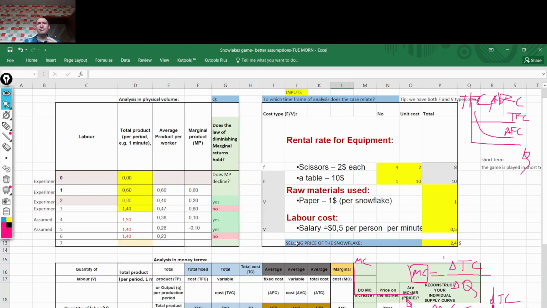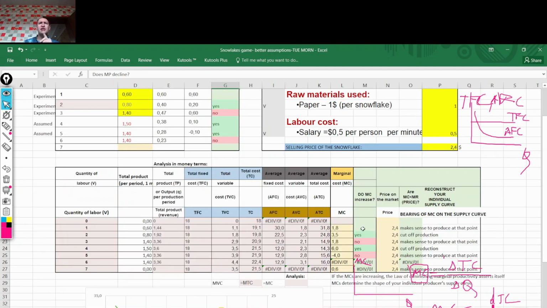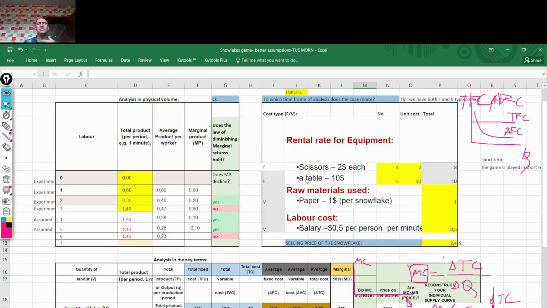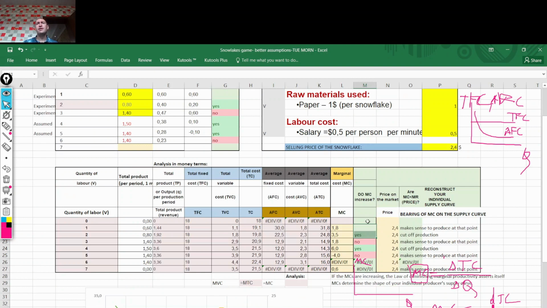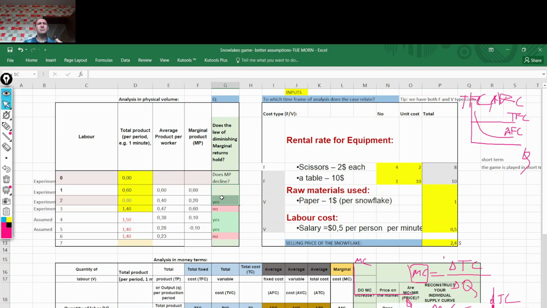And another restatement of the law of diminishing marginal returns. That's an important thing now. The law holds when the total product's marginal product declines, but also the law holds when the marginal costs are increasing. Whenever every step of the way the marginal costs are increasing, the law of diminishing marginal product is also asserting itself. The marginal cost should increase for the law to hold, and the marginal product of the total product should decrease for the law to hold as you increase the application of variable factors to the fixed factor.